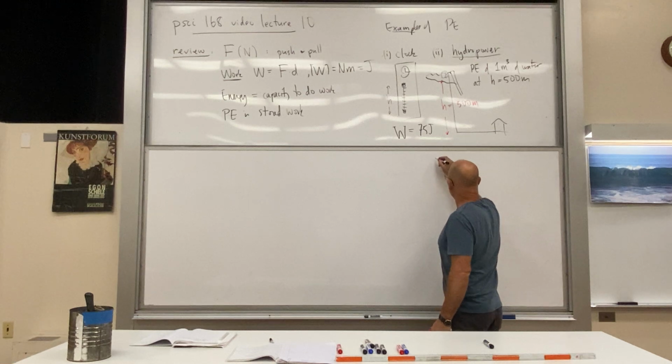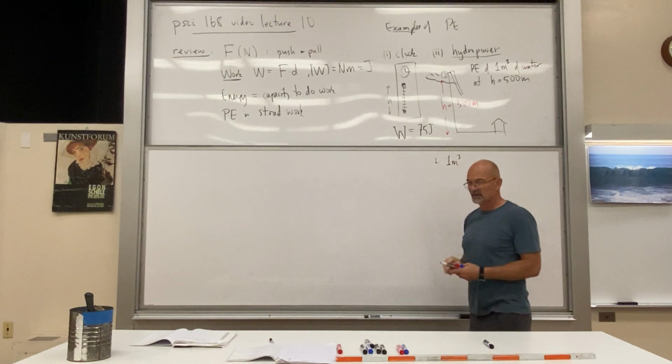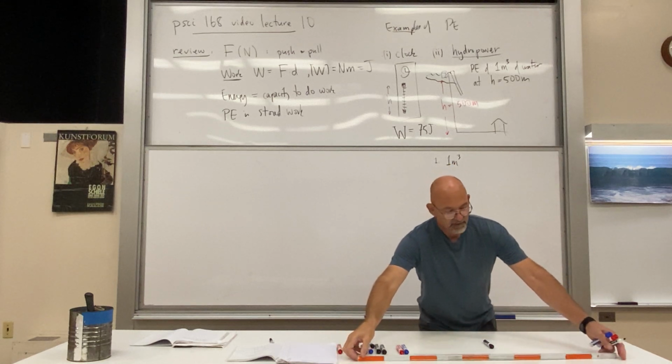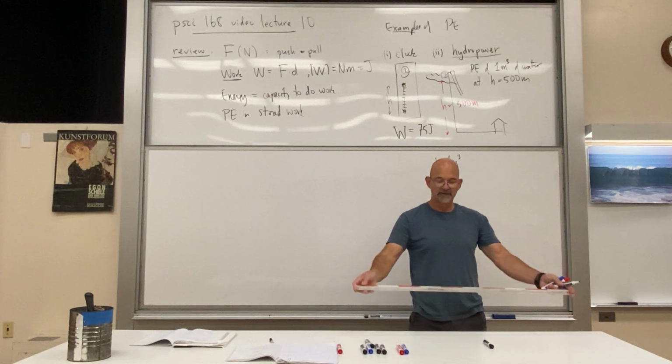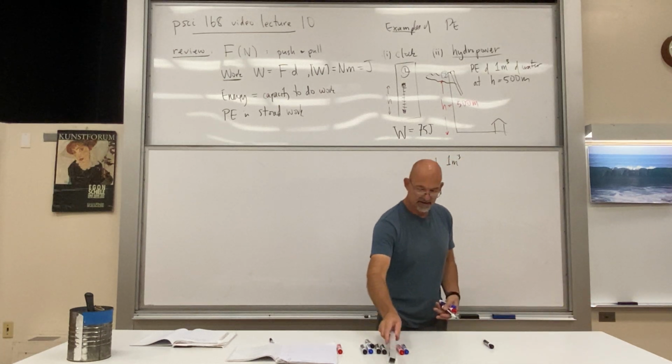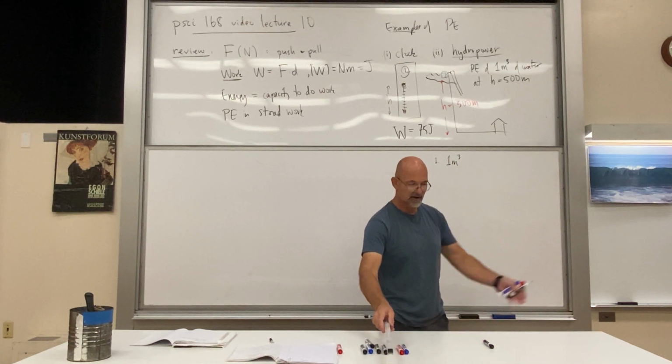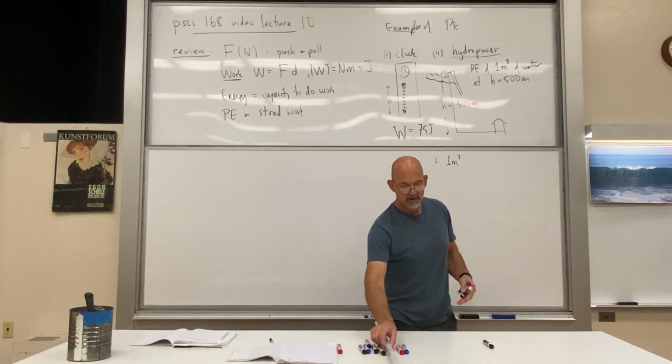Well, first of all, 1 cubic meter, by the way, this is a meter, so that's a pretty big cube, okay, meter on each side. It's like this side of the table here, blocking off, and down to the floor.